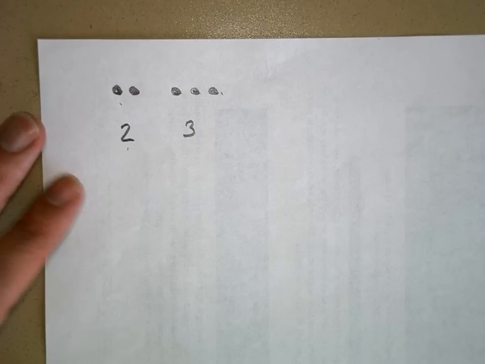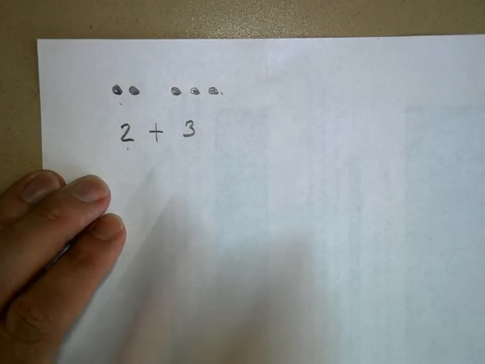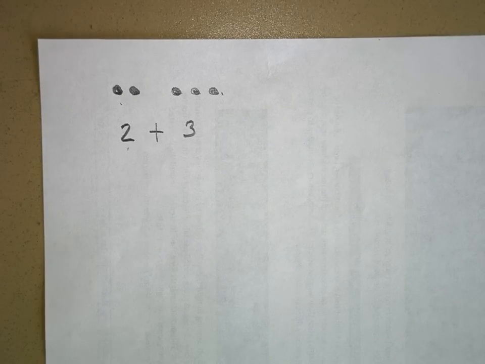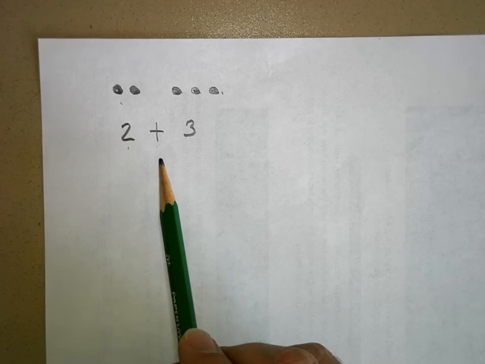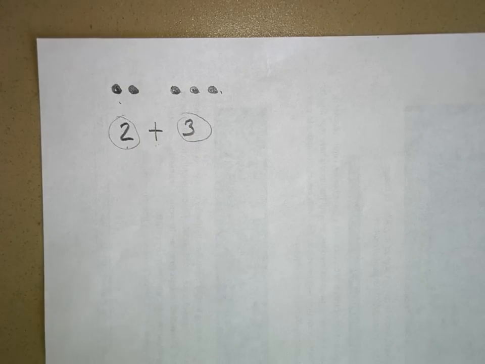Well, we have a symbol that tells you to follow that procedure, that operation. It's called a plus sign. Now, see, a plus sign is a mathematical operator. It tells you what to do with this and this. Okay? Now, there's lots of mathematical operators that you learn in primary school.